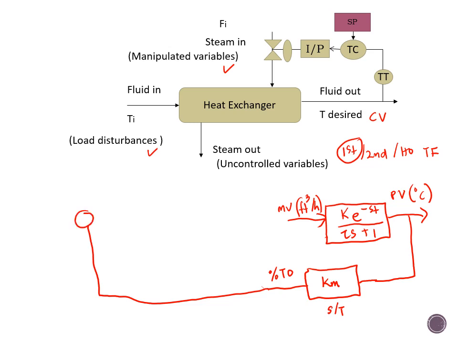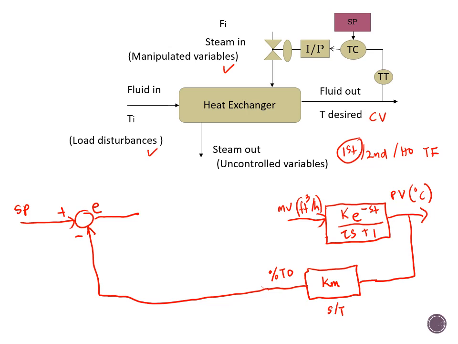The summation point will measure the difference between your set point and also the measured value, and the difference between the set point and the measured value is given by the error. So this is known as the error.